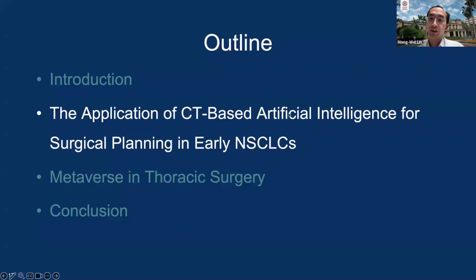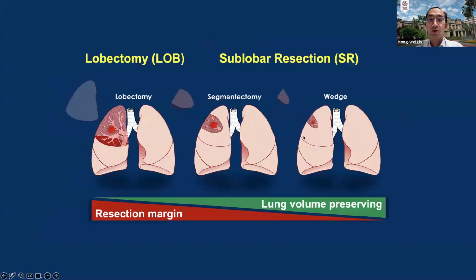So far, this has been a brief introduction. I would like to move on to the application of CT-based artificial intelligence for surgical planning in early-stage non-small cell lung cancer. Everybody knows that lung cancer surgery can be broadly divided into lobectomy and sublobar resection.